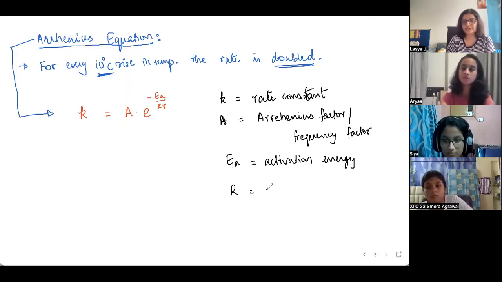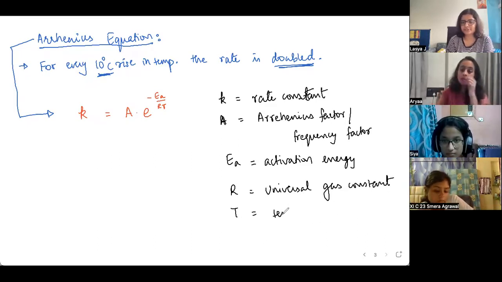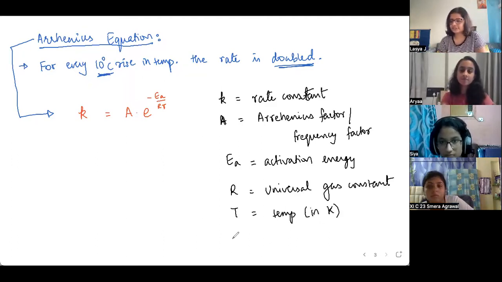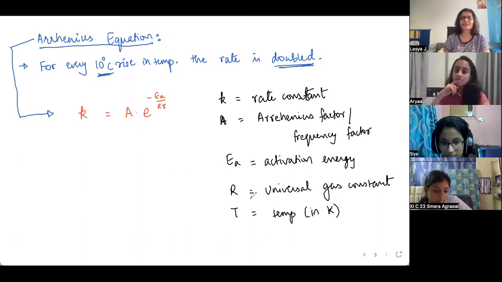R is your universal gas constant, and T is temperature in Kelvin, always in Kelvin in these calculations. You don't have numerical applications based on this formula. You just need to know this formula and this relation. Just know that the Arrhenius equation exists.